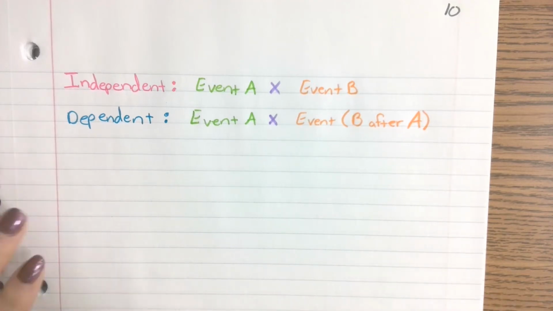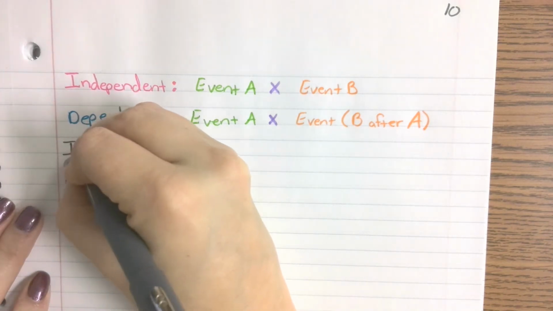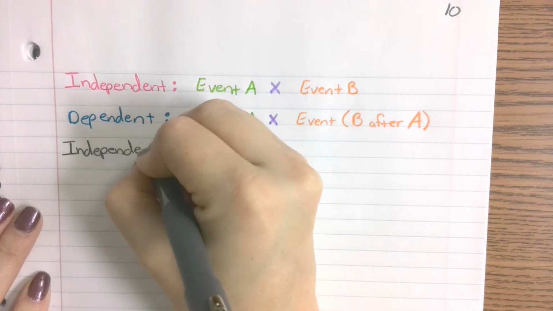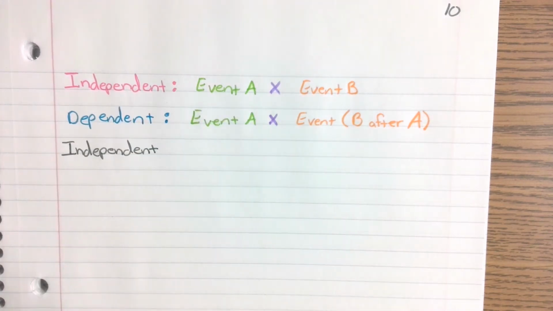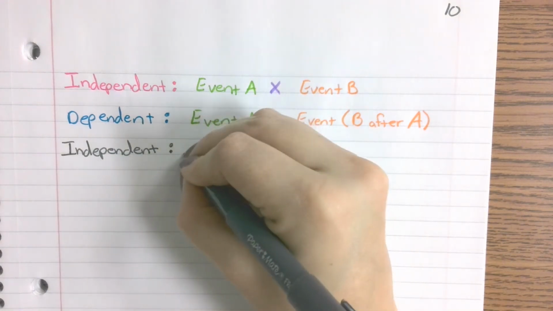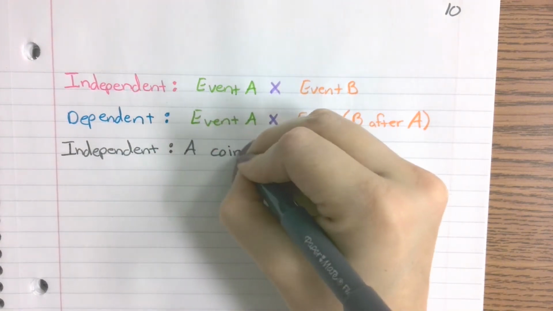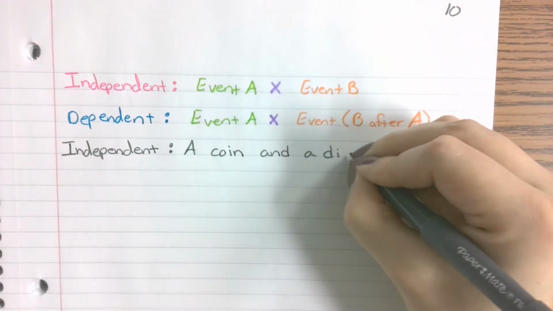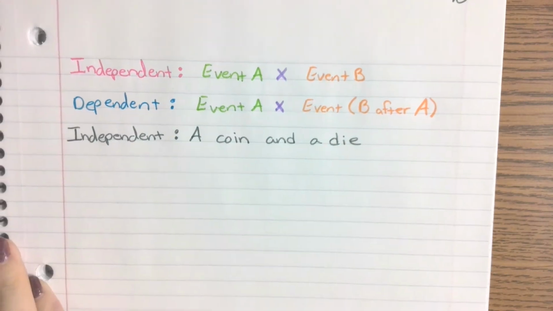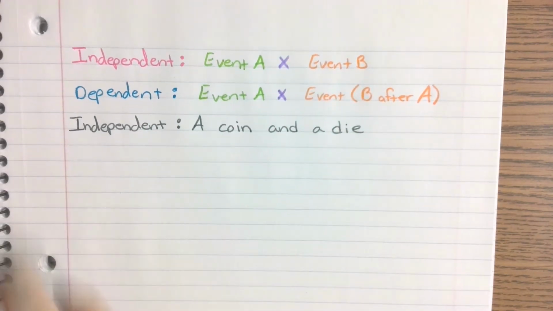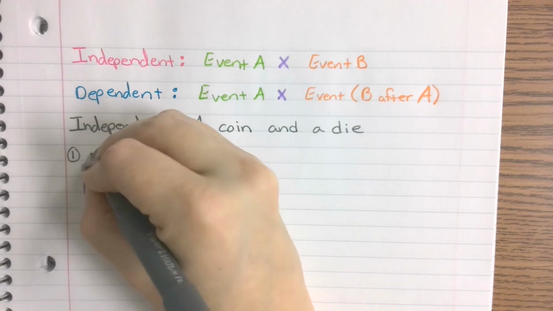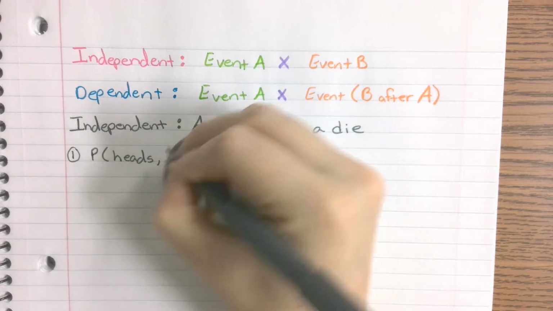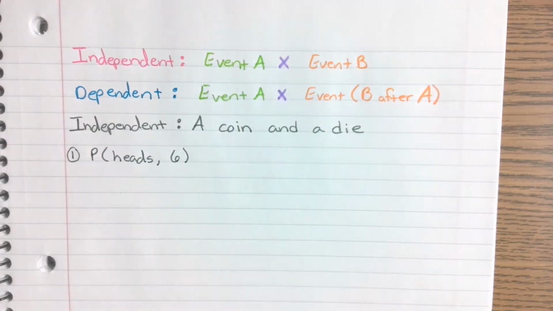Okay, so let's start with some independent practice. We have a coin and a die. Just like we've been doing, I want the probability that it's going to land on heads and a 6.